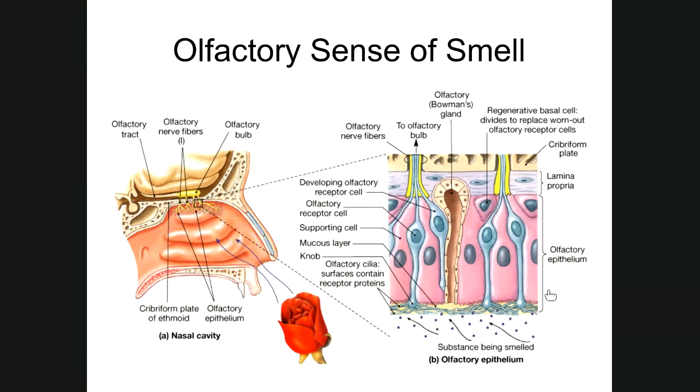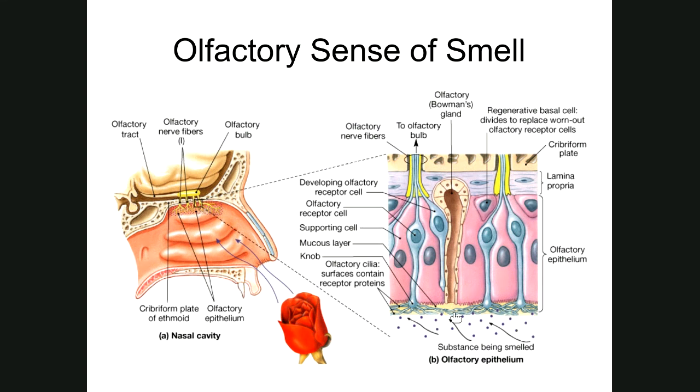Bipolar neurons, and here they are, these little blue-gray cells here. These are bipolar neurons. And that's really all that olfactory nerve number 1 is. It's one cell layer thick of bipolar neurons. The distal end has up to 20 free dendrites, or they call them olfactory cilia, right there.